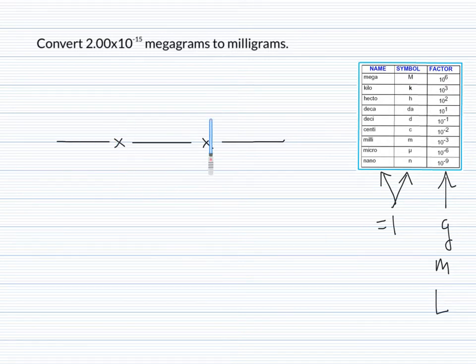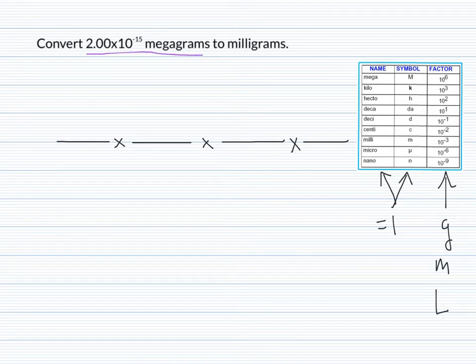So don't be afraid to delete or erase. In this case, I'm deleting them on the iPad, but don't be afraid to delete or erase if you draw too many. So I'm going to draw 4. I don't think I need 4, but I'm going to draw it anyways. And when we know we're supposed to stop, I'll let you know. So I'm going to convert megagrams right now.